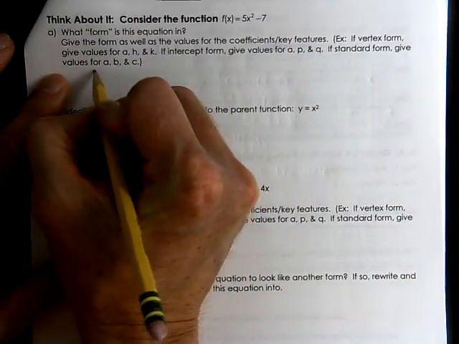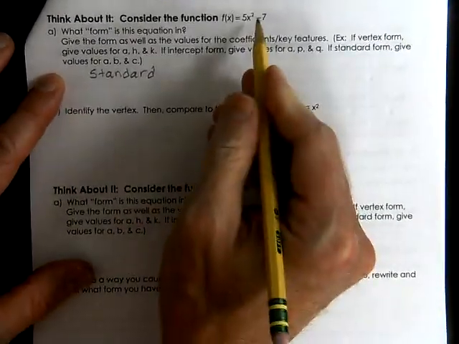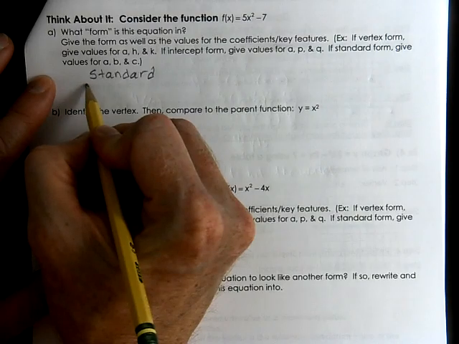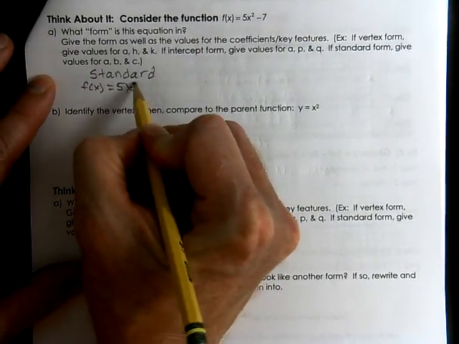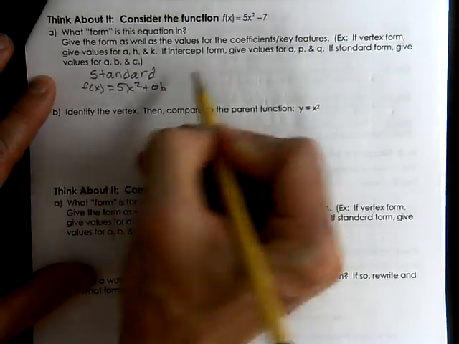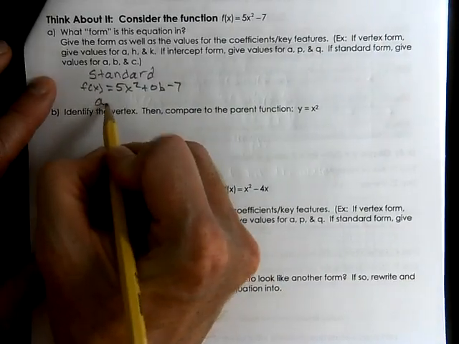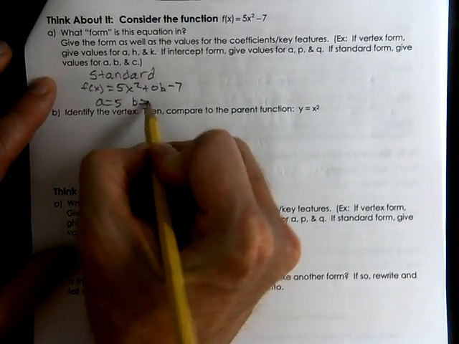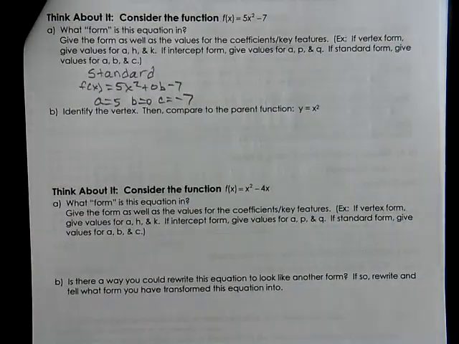Lots of people might call that standard form. And if that was standard form, f of x, you could say that you have 5x squared and you have 0 of the b's and you have negative 7 for your c. So a is 5, b is 0, c is negative 7. That would be standard form.